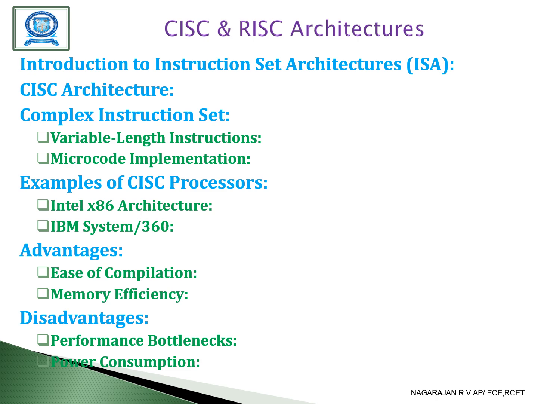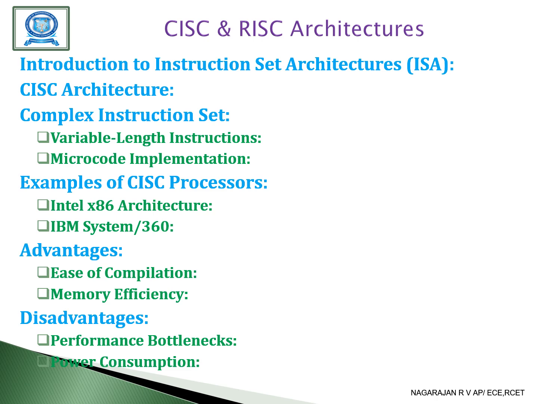And next, microcode implementation. CISC processors often use microcode to implement complex instructions. The microcode is a layer of low-level instructions or firmware that translates high-level machine instructions into a sequence of simpler operations.